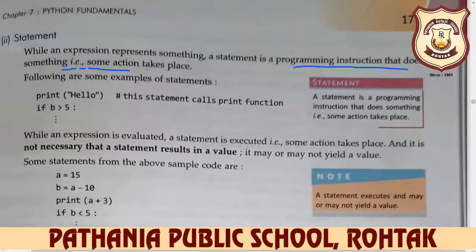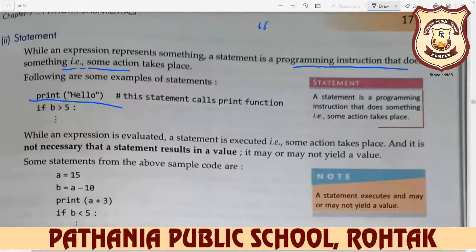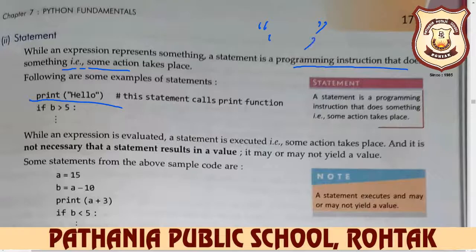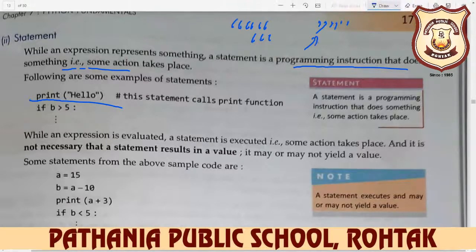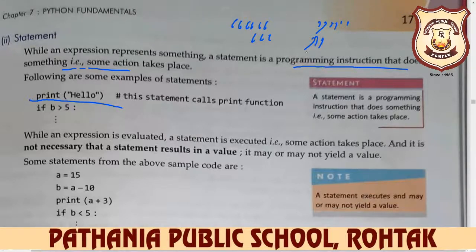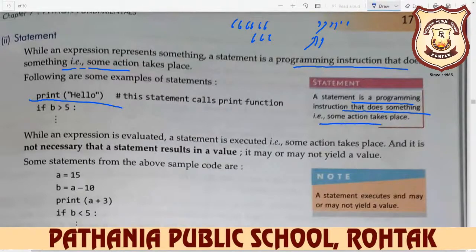These all are your statements. A statement means any message that is written between single quotes, double inverted commas, or triple inverted commas, triple quotes. These all are your statements, these all are your messages. A statement is a programming instruction that does something, that is, some action takes place.